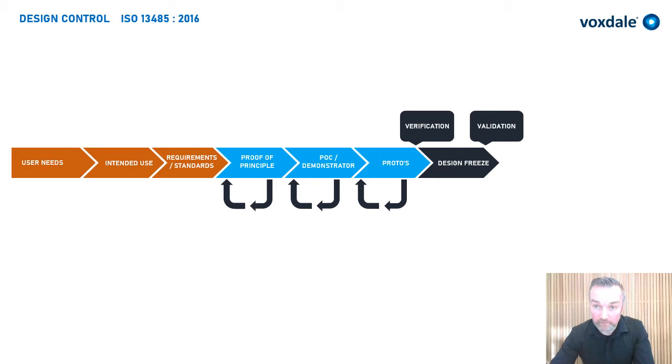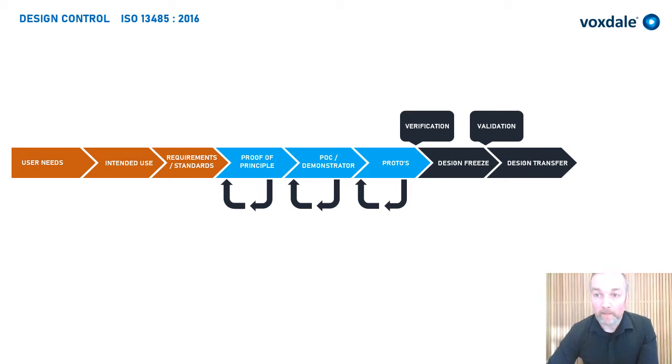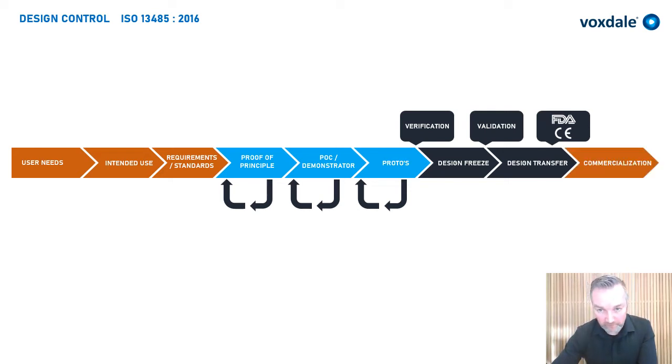Check if your device complies with the user needs you had defined in the first step, both on technical and clinical aspects. And after that, you can kick off design transfer. Design transfers in the first place towards manufacturing and upscaling, but also towards registration and listing of your device. And that will mean the initiation of your marketing and commercialization of your device.